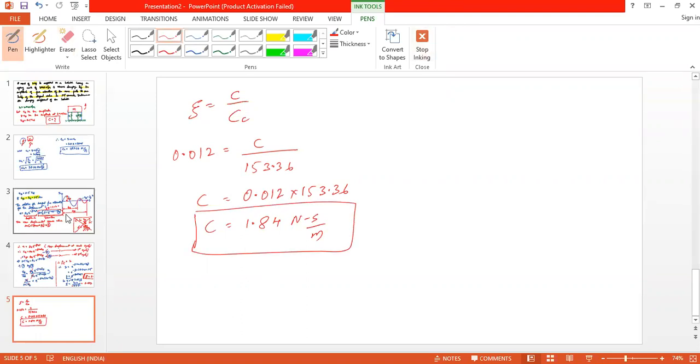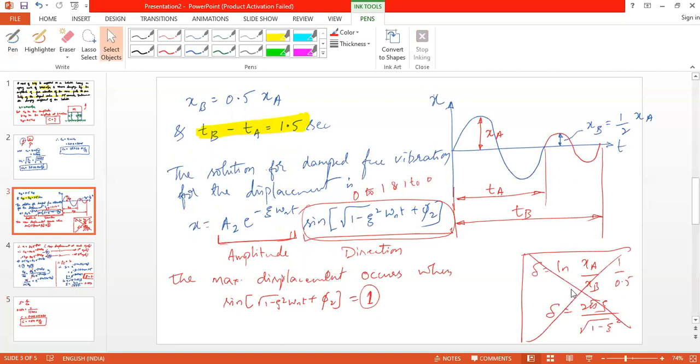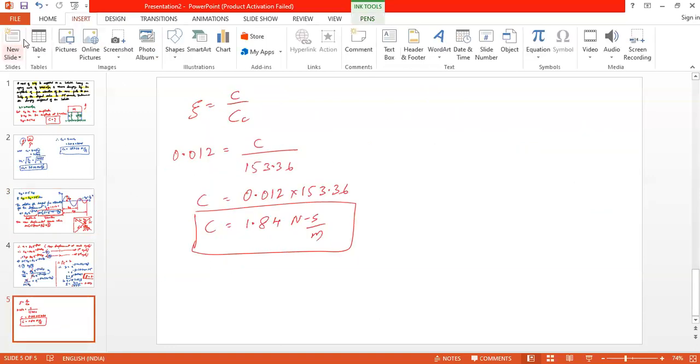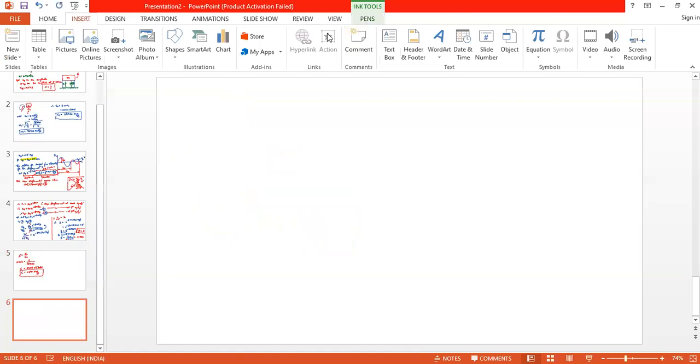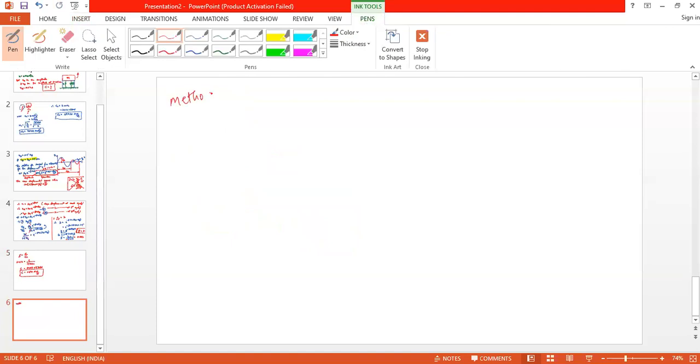Okay, now Raju, you said one more method. We will solve it by another method, that is method 2. We can use the equation delta is equal to 2 pi zeta by root of 1 minus zeta square, and delta is equal to ln XA by XB.